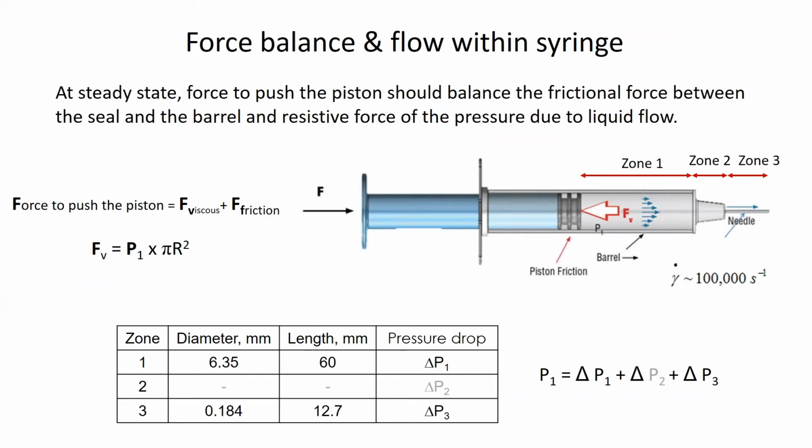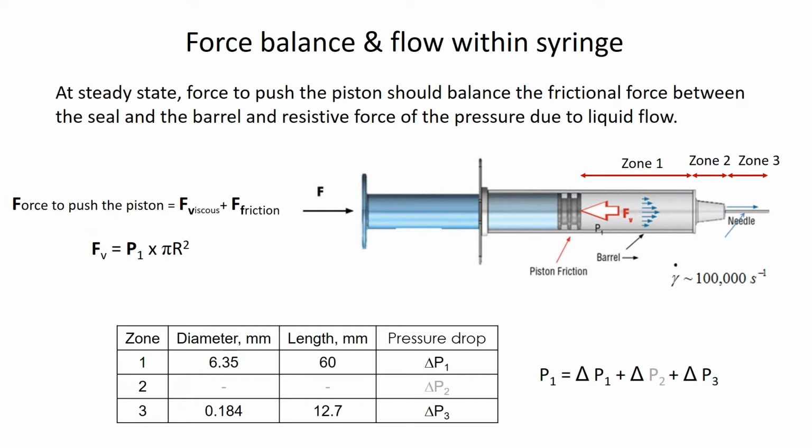Okay, so just so you can understand how we develop the relationship for injection force and how it relates to viscosity, we'll quickly go through some fluid mechanics of the flow through a syringe. At a steady state, as you're injecting, the force that you need to push to move the piston forward is going to be balanced by two forces.